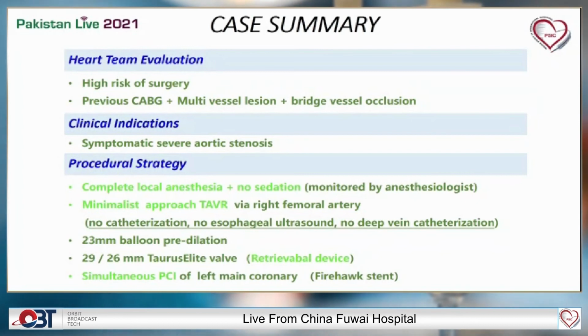After that, the second device is VitaFlow, and the third one is the Taurus One. They have already been approved by the China FDA. And now several other differently designed prostheses are in trials. So I just wanted to briefly report the work happening in China.